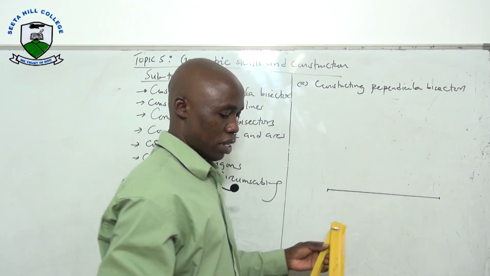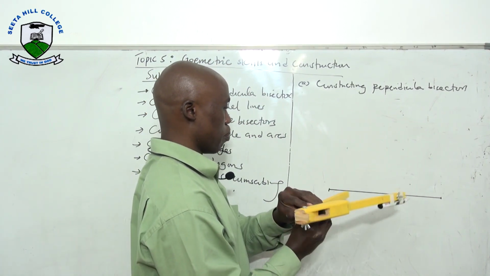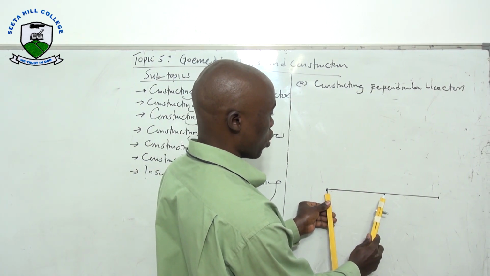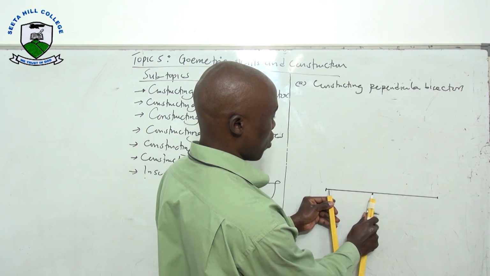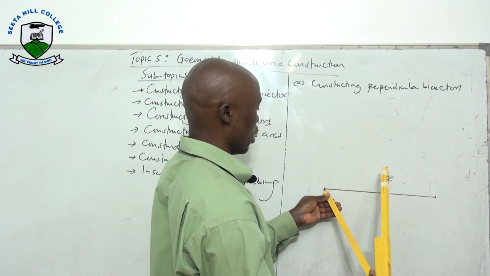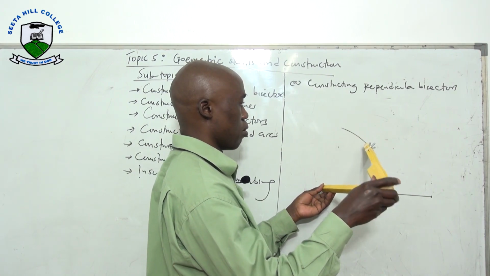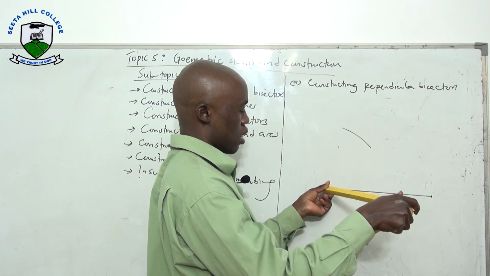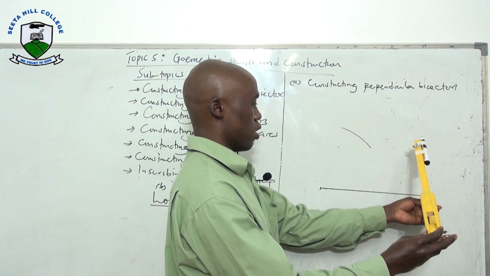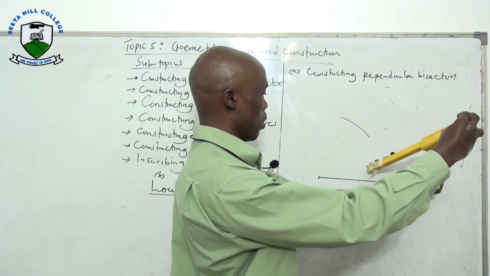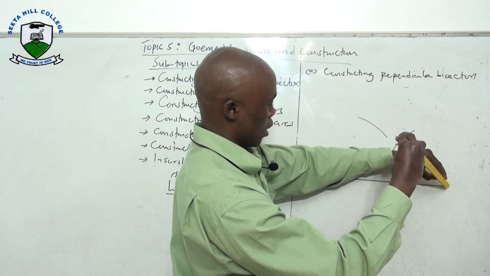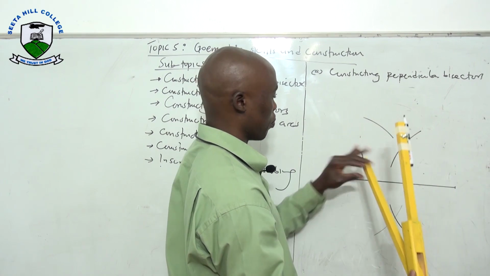You stand at each point, but adjust the compass so that it's beyond halfway at least, not so? We have an arc up and an arc down, then turn to the other side, also maintain an arc up and an arc down.